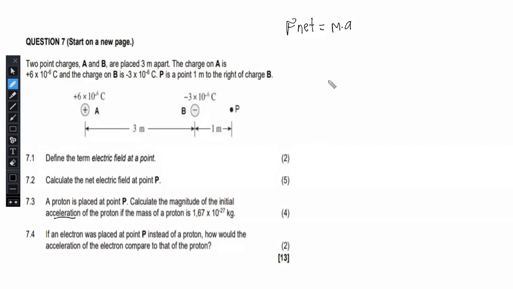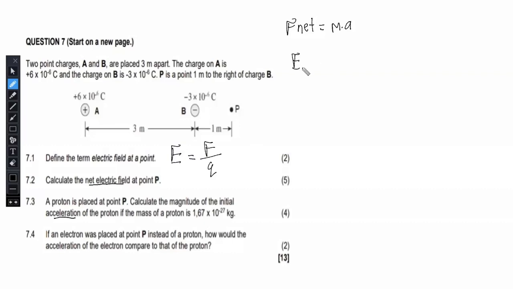But then the first thing, obviously, that we will need to figure out is what is our F net, right? So from this, remember from the previous question, we just calculated the net electric field at point P, meaning that in order to get our F net, we can simply just use the formula that I just recently showed you, which is E is equal to F over Q, right?